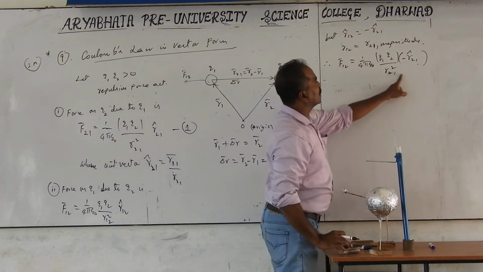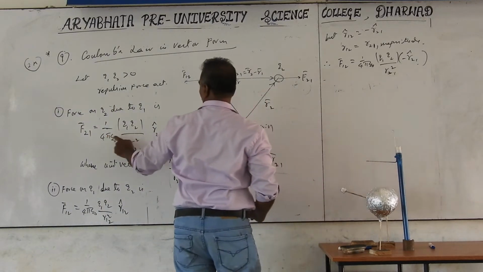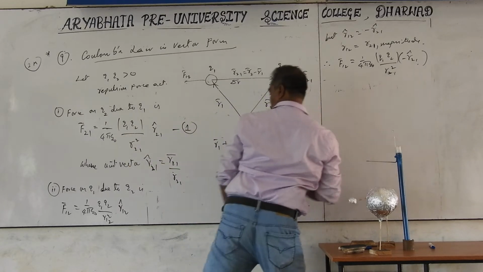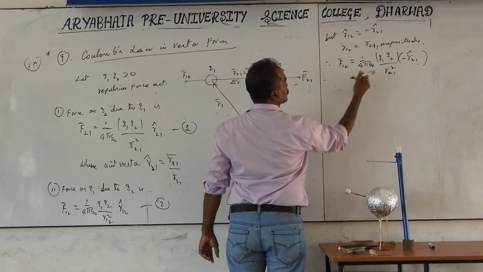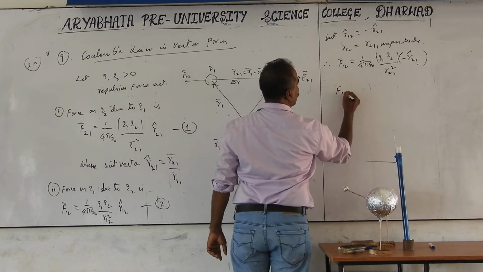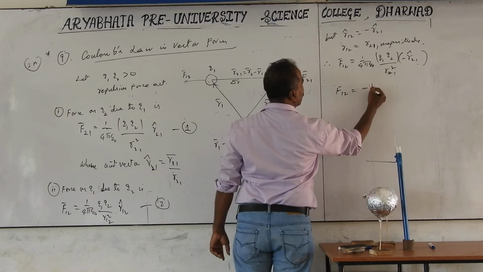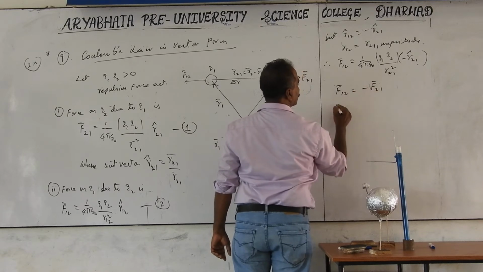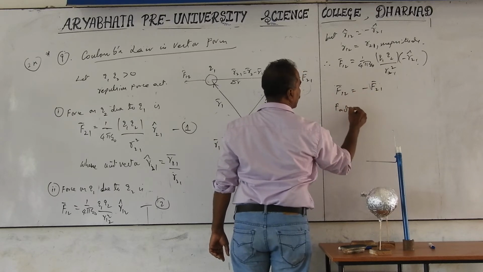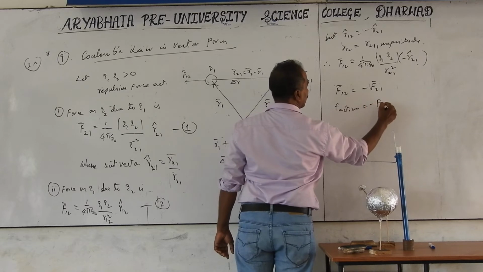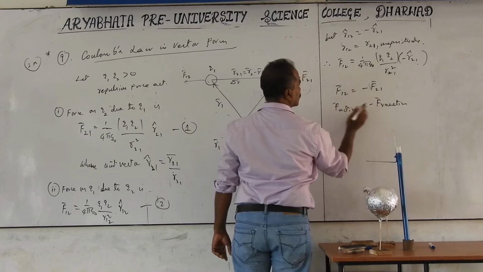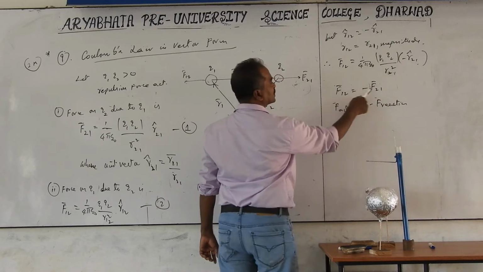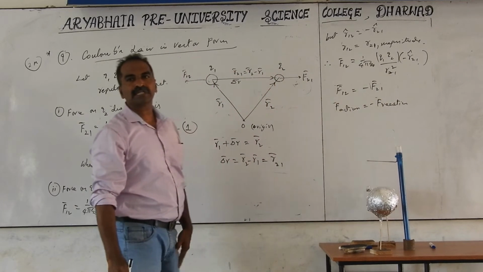This whole thing is nothing but minus F21. This is equation 2. Comparing equations 1 and 2, F12 equals minus of F21. That means action equals minus of reaction. One is action, the other is reaction: equal in magnitude but opposite in direction.